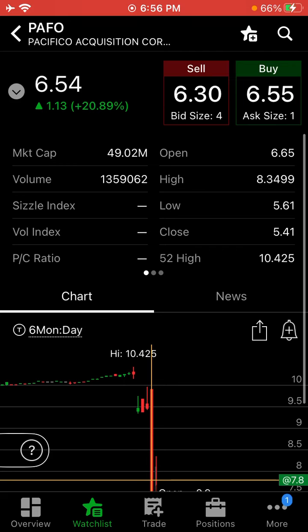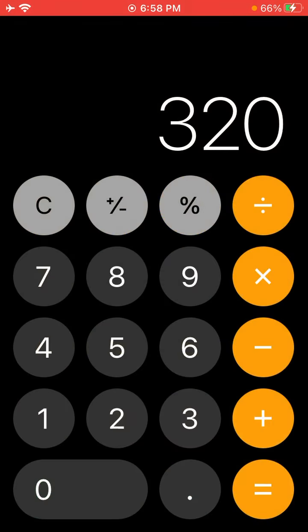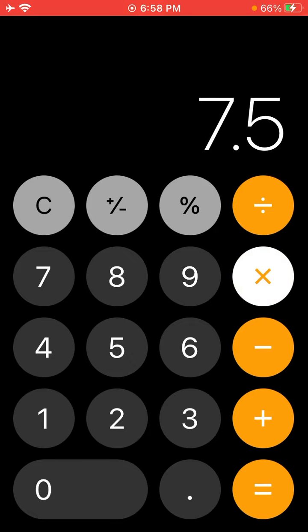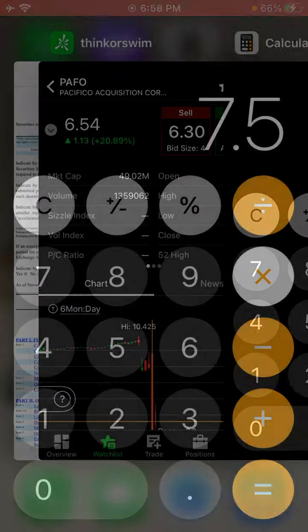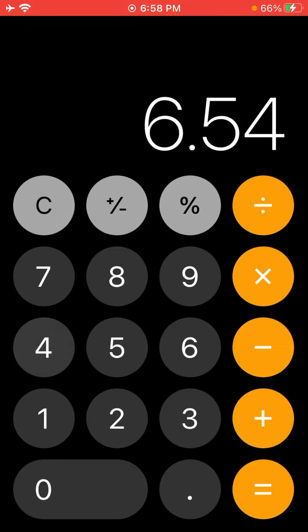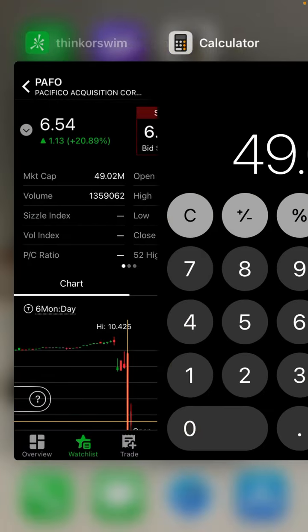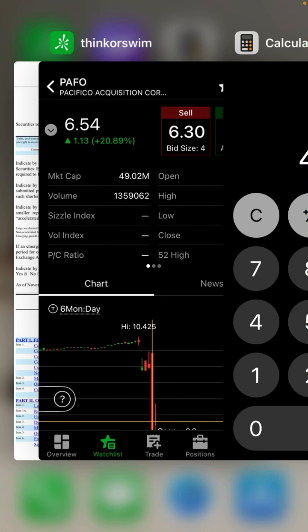So right now the market cap at 6.54 is 49. And so if I take 7.5 times, what was the closing price? 6.54 equals 49.